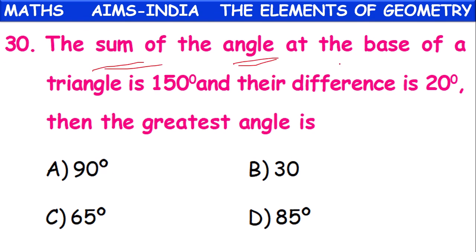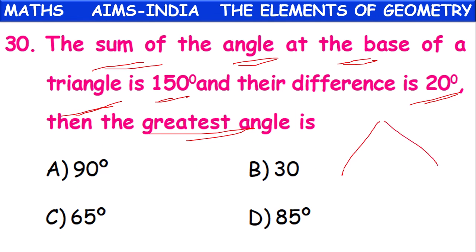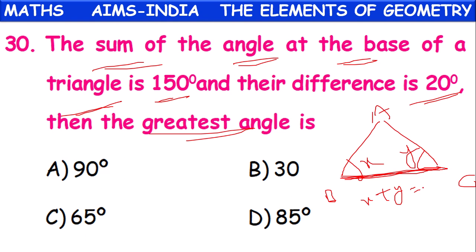The sum of the angles at the base of a triangle is 150 degrees and their difference is 20 degrees. Then what is the greatest angle? Suppose the triangle name is ABC, then BC is the base. The angles near the base, let them be X and Y. The sum of the angles near the base is 150 degrees. The difference X minus Y equals 20 degrees.